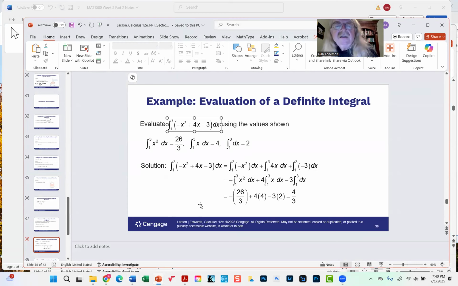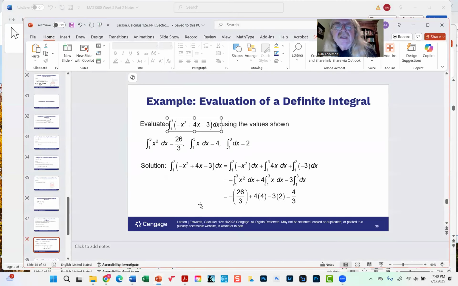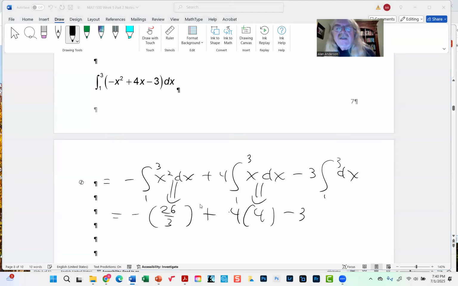Let's see. So the integral of x squared dx, yeah, 26 thirds. The integral of x dx is 4. So we actually have 4 times 4. And then here we have 3 times 2.